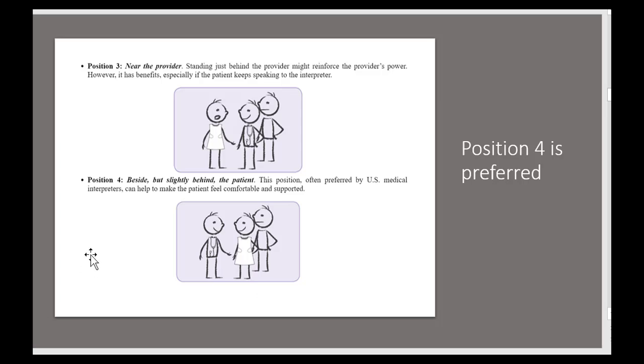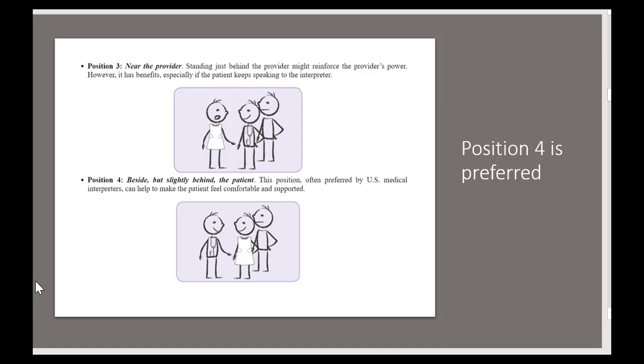Position 4, which is beside but slightly behind the patient, is the position that is most often preferred in the U.S. medical setting. The reason is that if you are on the side of the patient, it is seen as a position that supports the patient and makes the patient feel more comfortable.